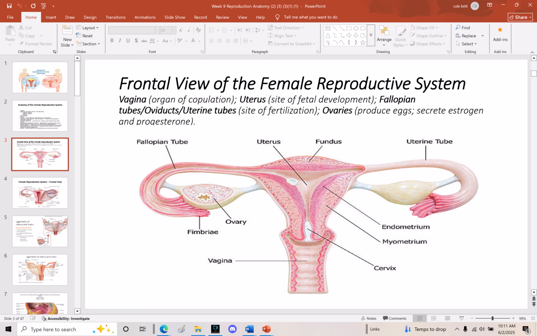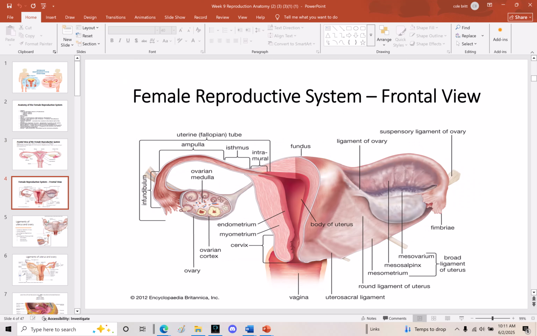The ovary right here is sandwiched inside that broad ligament. You have the ovarian ligament right up here. The broad ligament is further subdivided into the mesometrium down below the ovary, the mesosalpinx above the ovary, and the mesovarium right here, coming over the top of the ovary itself.